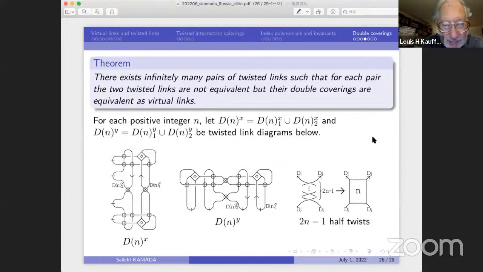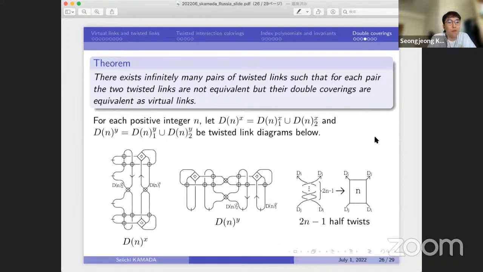Other questions? Excuse me, may I ask you one question? As I remember, twisted links can be obtained from virtual links in which the source-sink structure is broken.